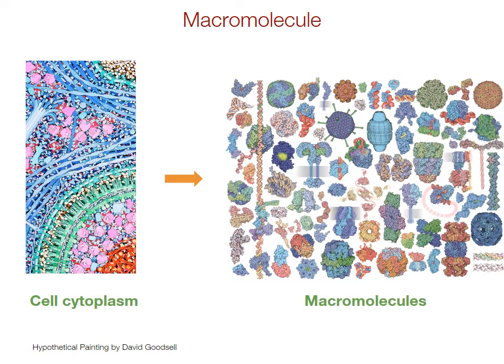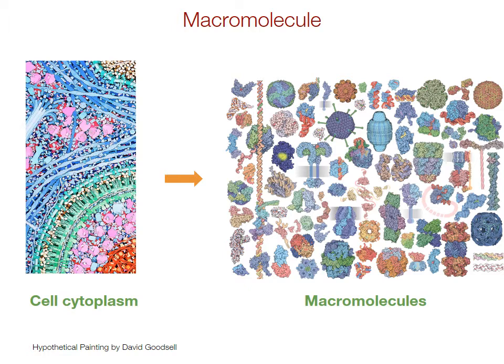As we know, the cell is the basic structural and functional unit of all living organisms. If we look at the cytoplasm of a cell, we can see that it contains many different macromolecular complexes of different structures and with different spatial organizations.